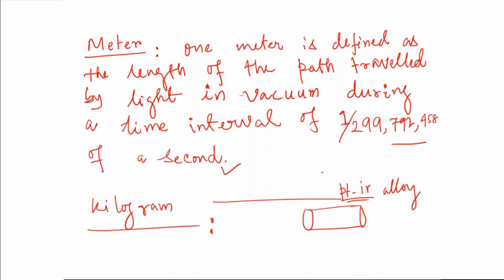Alloy means if you put platinum and iridium together, that is called alloying. So this is a platinum and iridium alloy cylinder, and obviously it has a certain length. It says prototype. So the mass of this cylinder itself is called 1 kilogram.